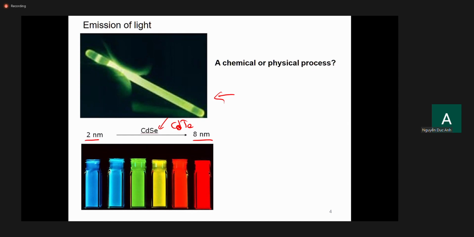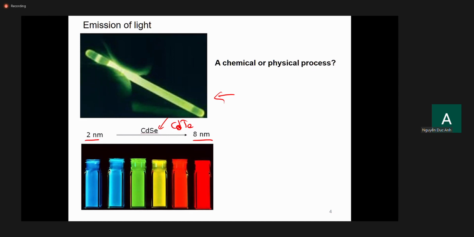Okay, some other examples you can see very easily in the laboratories, like gold nanoparticles, which have similar properties. If we control the size of the gold nanoparticles from 20 to around 100 nanometer, the color of that solution will totally change.